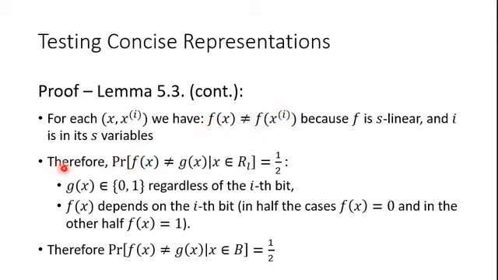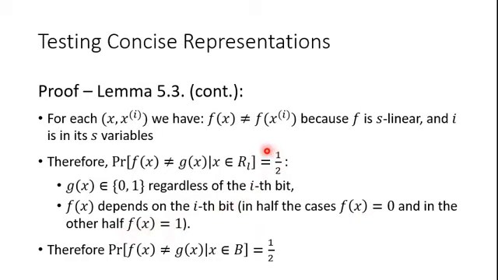Okay, so therefore, what we can see is that the probability that f(x) does not equal g(x), given that x is in R_L, okay, it's one of the inputs that reach the leaf L, will be equal to half. Why is that? g(x) can get values that are either 0 or 1, and the value that it will get is regardless of the ith bit, because we just saw that the ith variable is not going to be queried on the path to L. Now, f(x) depends on the ith bit, and specifically in half the cases, because we're in the uniform distribution, f(x) equals 0, and in the other half f(x) equals 1.